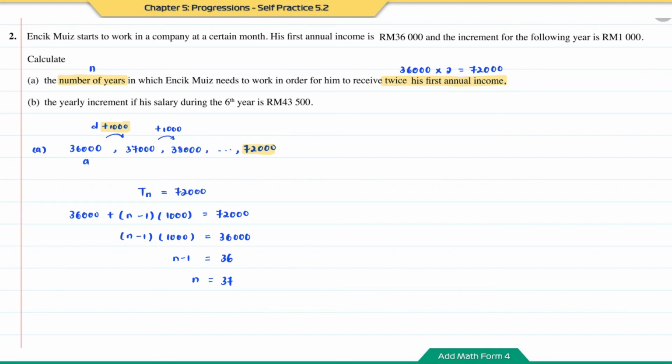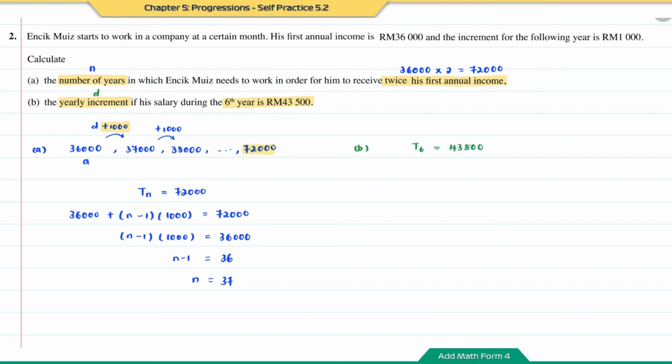B, find the yearly increment if his salary during the 6th year is RM43,500. Here the yearly increment refers to the common difference, d. So for question B, we know that T6 is equal to 43,500.